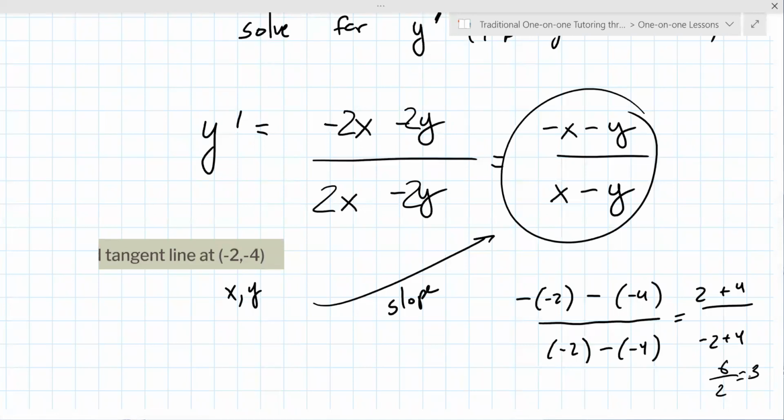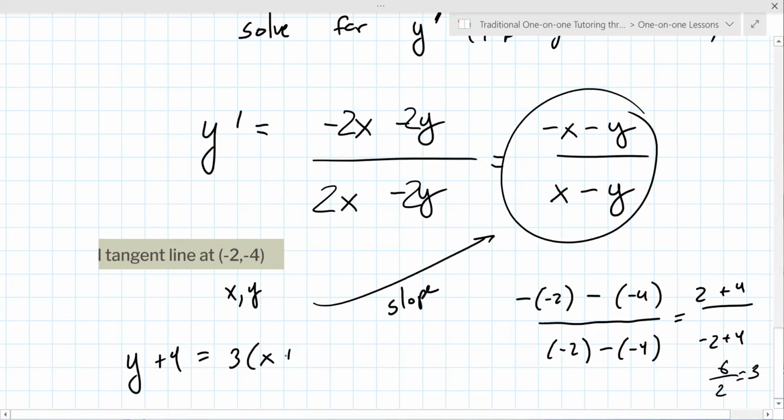Yeah, okay. And then it's y plus 4 equals 3 times x plus 2. Good.